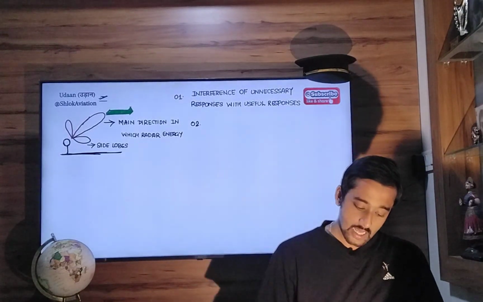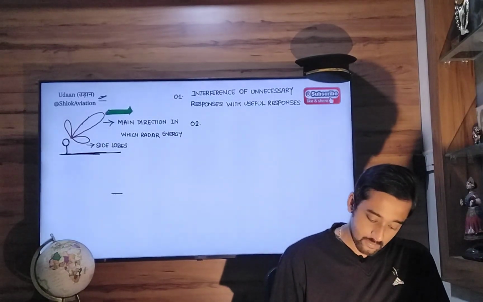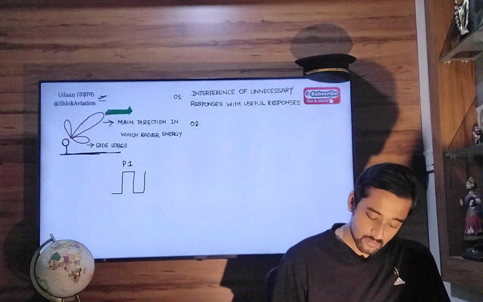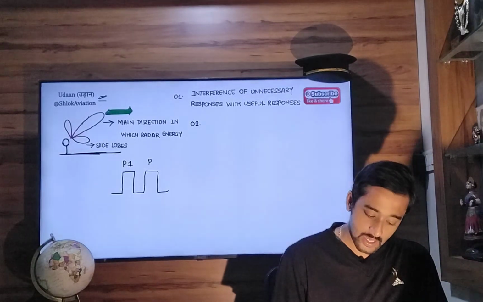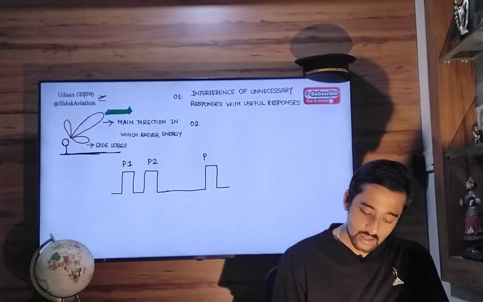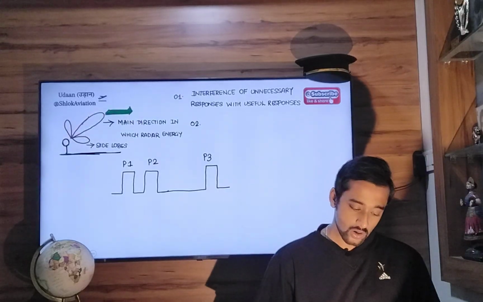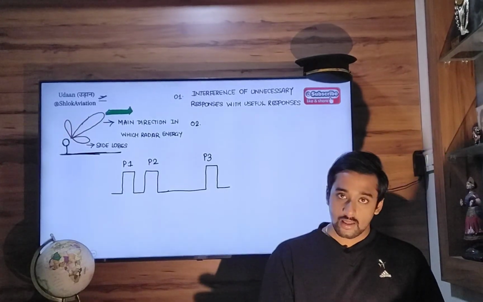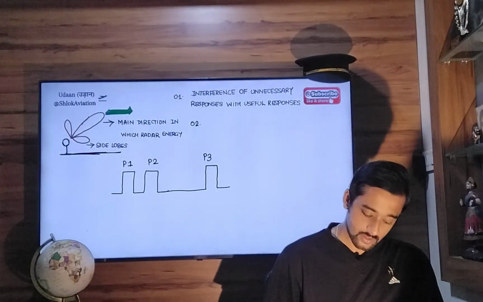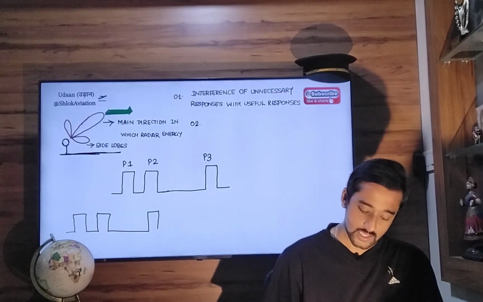In case of mode A, we have two main pulses, P1 and P3. P2 is not the main pulse, but I'm writing it here and will explain it. So P1 and P3 pulses belong to mode A. Similarly, in case of mode C, we have P1, P2 and P3 pulses.